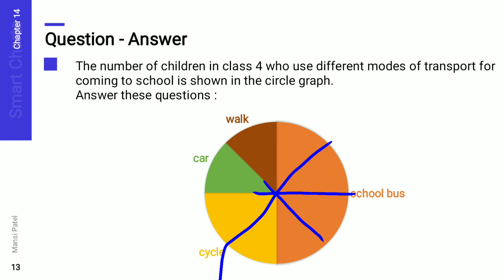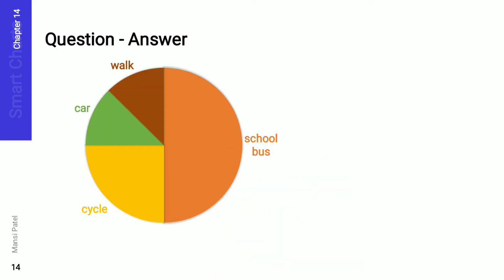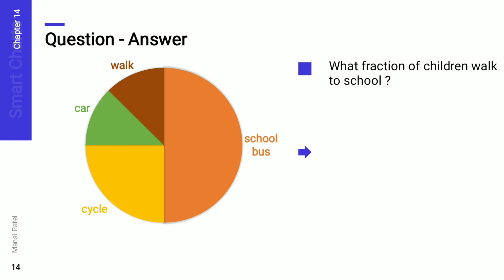Now you can see that these are all equal parts. How many total parts are there? 8 parts are there. So let us solve some of the questions. Your first question is: what fraction of children would like to walk to school? The total is 8 parts and the portion covered for walking is one portion only.